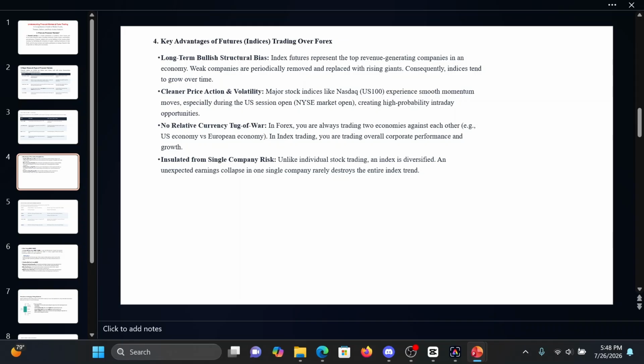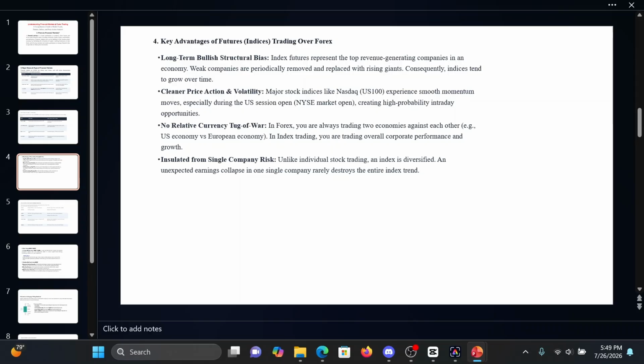So NASDAQ has a clear structure, unlike forex trading, because you know it's going to open at the New York session, which is 8:30 or 9 or 9:30, depending on the season, whether it's winter or summer. Obviously, we shall look at that in detail when we are mastering NASDAQ or NAS100 later on within the course. So it is clear, and you can easily capitalize on the movements within the due course of the day.